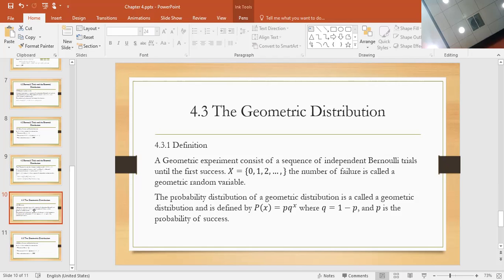So the main difference is that we start from 0 and they start from 1. If you are counting the number of trials, you cannot have success with no trial. So X is the number of failures before the first success. If you get success at the first trial, X equals 0. If you get success at the second trial, that means you failed the first trial.